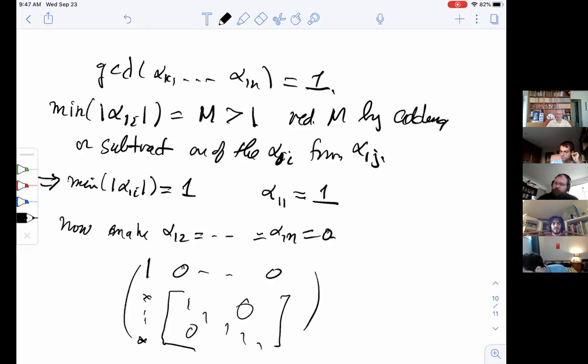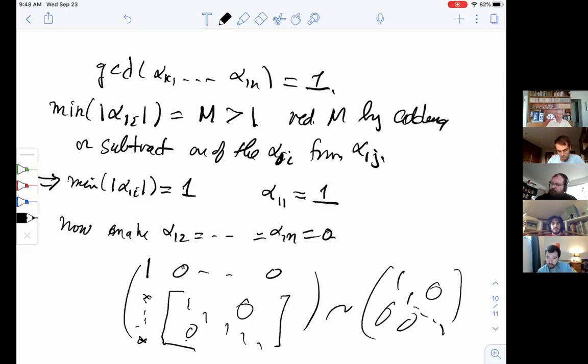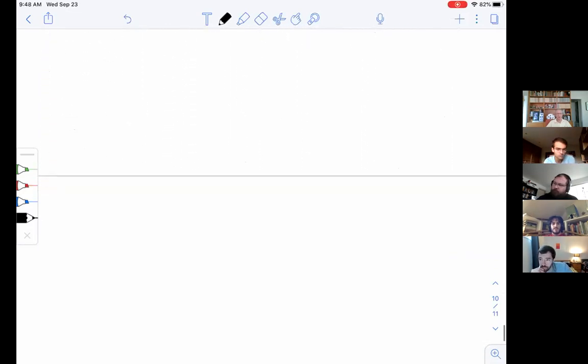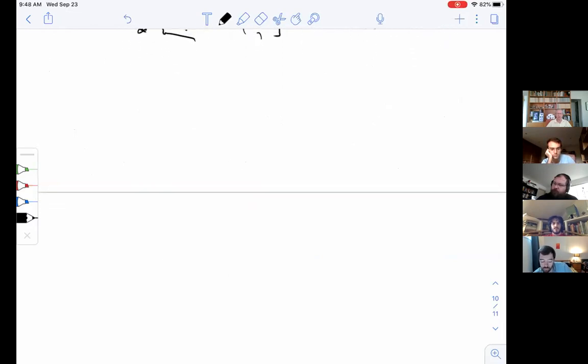Once I arrive there, I do column operations which subtract a multiple of the second column from the first so as to make this entry 0, and so on. So then I do column operations backwards to get down to the identity matrix. Okay, that's the algebraic theorem. It's completely trivial because the ring satisfies the Euclidean algorithm.